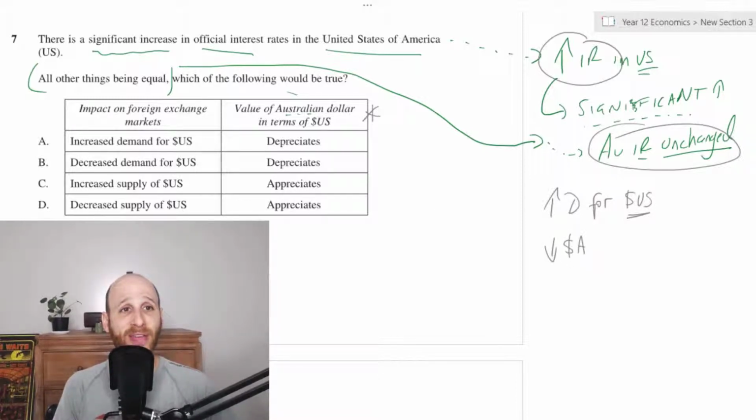So our options are A or B, because they say that the Australian dollar depreciates. Now we've got a 50-50 bet. I like our odds. Now it says impact on foreign exchange markets. What we know is that there is going to be increased demand for the US dollar because interest rates are higher there. Increased demand for US dollar, depreciation in the Australian dollar in terms of the US, and our answer will be A. And Nessa agrees with us here.